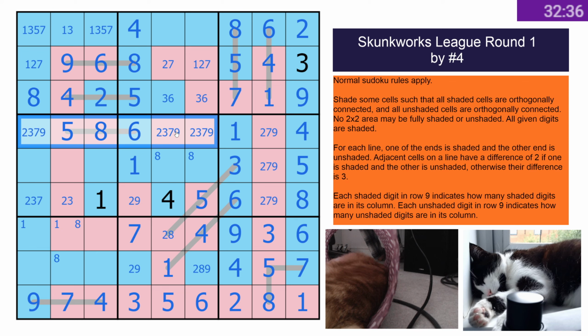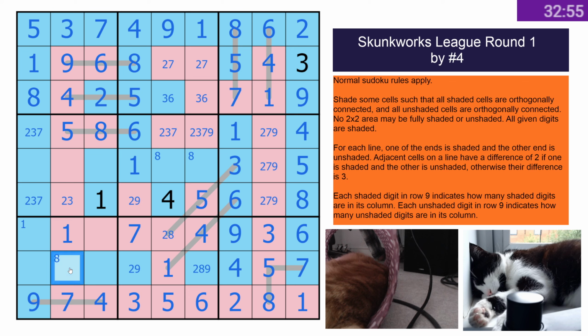4, 5, 6, 8, and 1. 2, 3, 7, triple. That was still 1. I don't know why I left that one. Come on, use your brain. 1s and 9s. 9s and 9s and 9s. 1s and 8s.